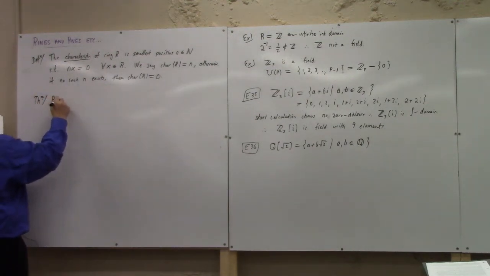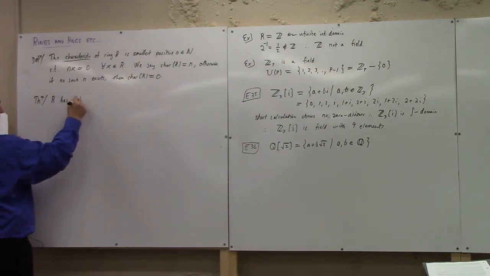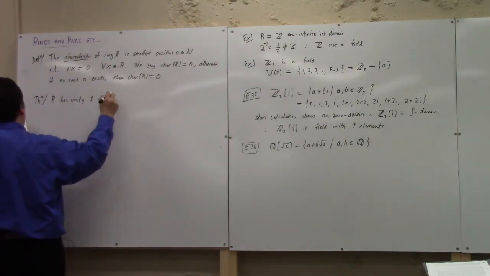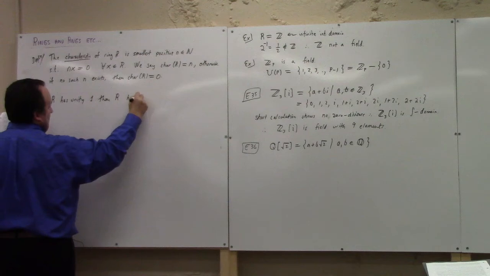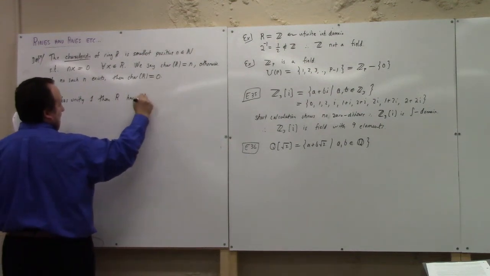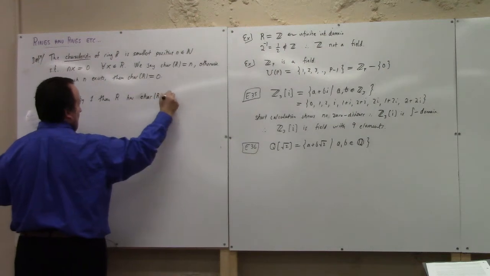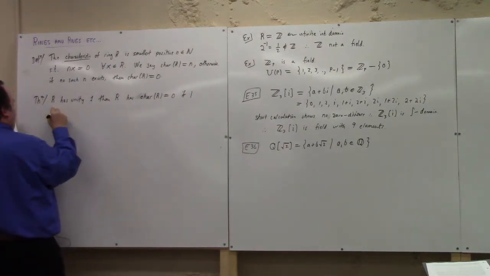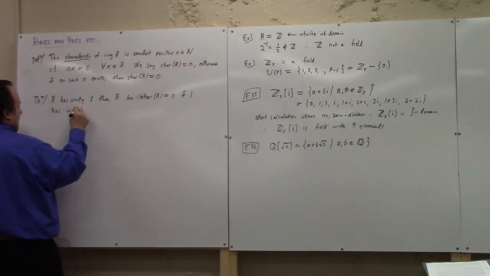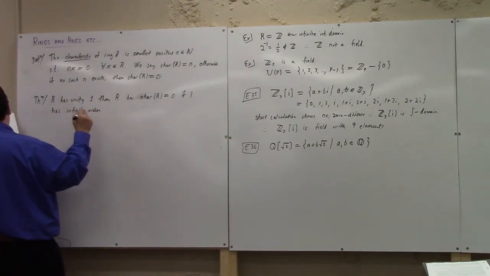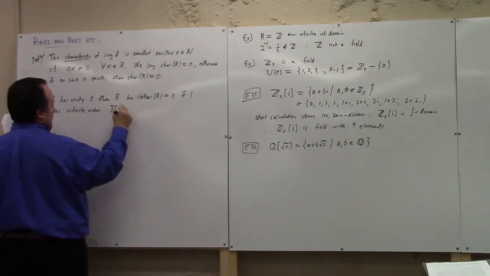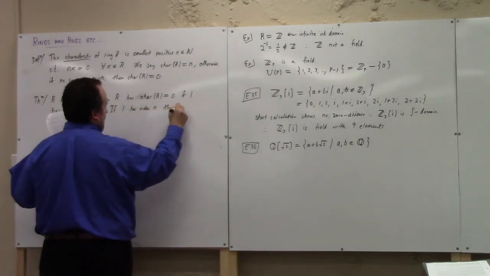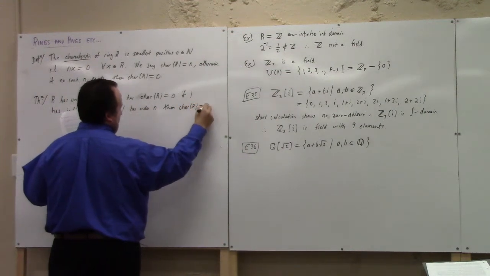If R has unity 1, all right, then R has characteristic 0 if 1 has infinite order, and if 1 has order n, then char R is equal to n.